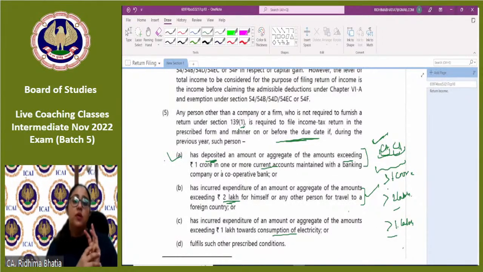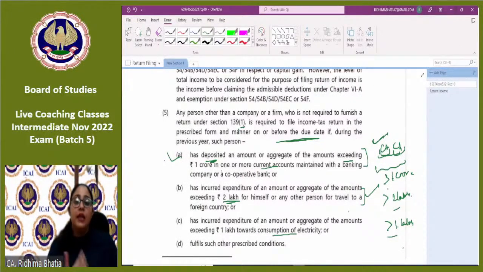A ROR who, as a beneficial owner, owns any asset located outside India at any time during the year, or a person who is a beneficiary of any asset located outside India, or he is a signing authority in any account maintained outside India.